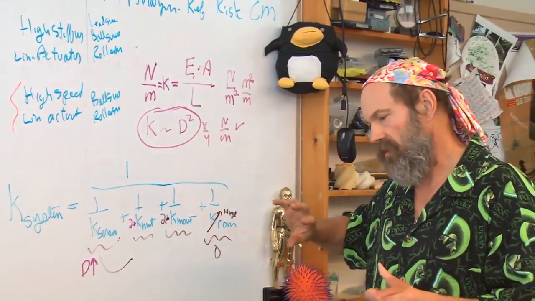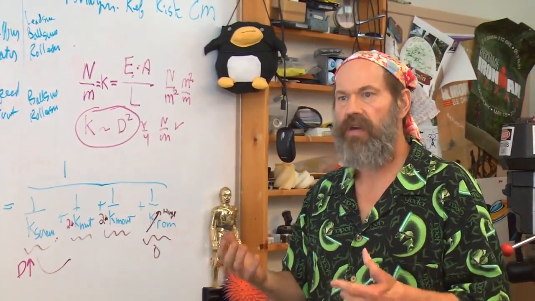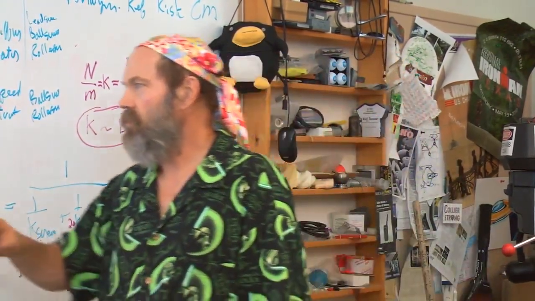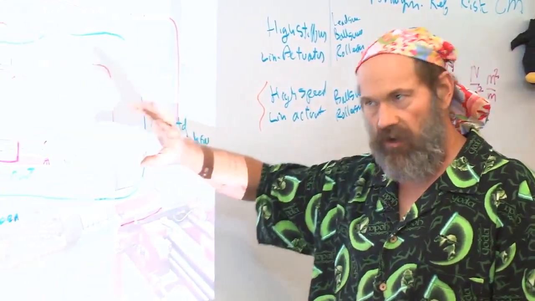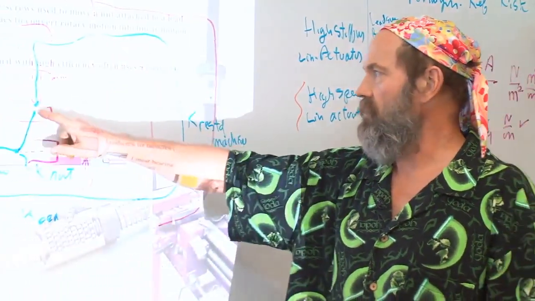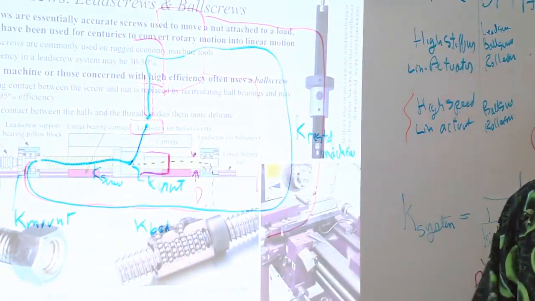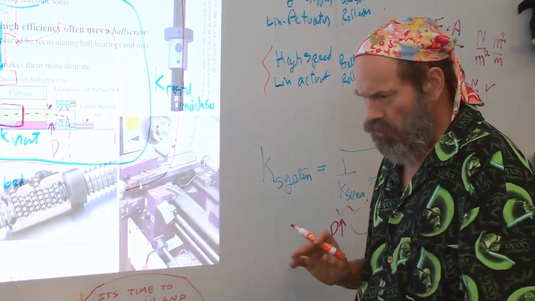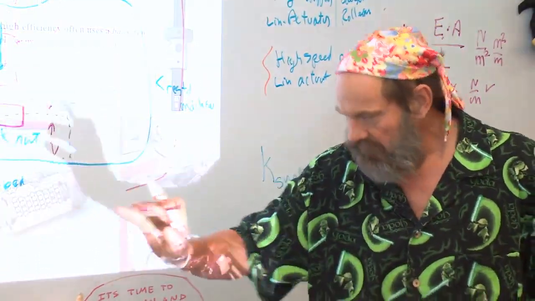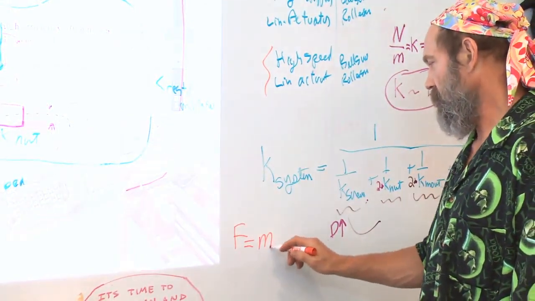Well, I want to be able to move this thing as fast as possible with as little effort of the motor going into just accelerating the screw shaft itself. I really want all the oomph of the motor to go into moving just the parts. So ideally, the rest of the machine doesn't have any effect. And if I want to accelerate all of a sudden, we have this good old Newton's law, F equals ma.